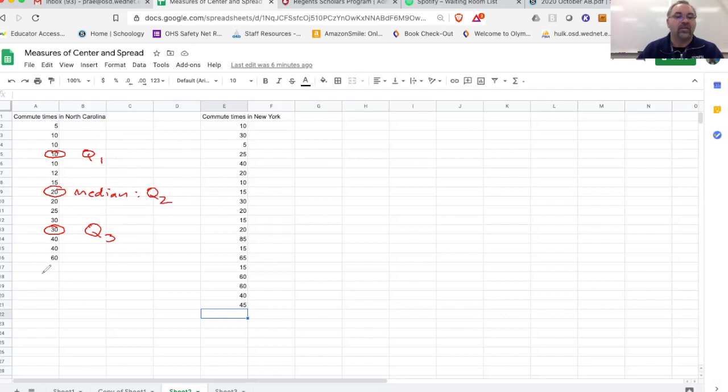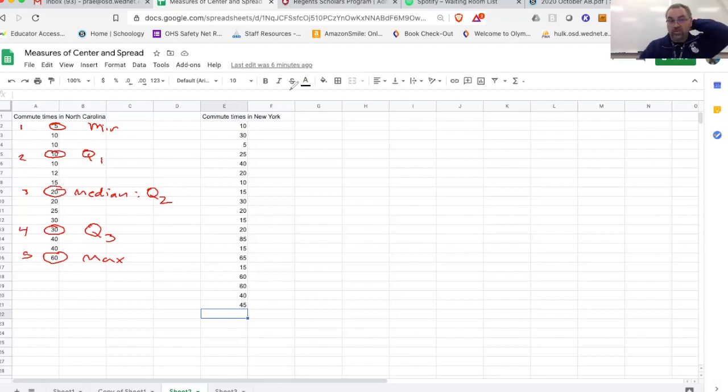And what we get out of these, combine that with the lowest value, that's the minimum, and the highest value, which is the maximum, you get what's called a 5-number summary for your distribution. See? 1, 2, 3, 4, 5.